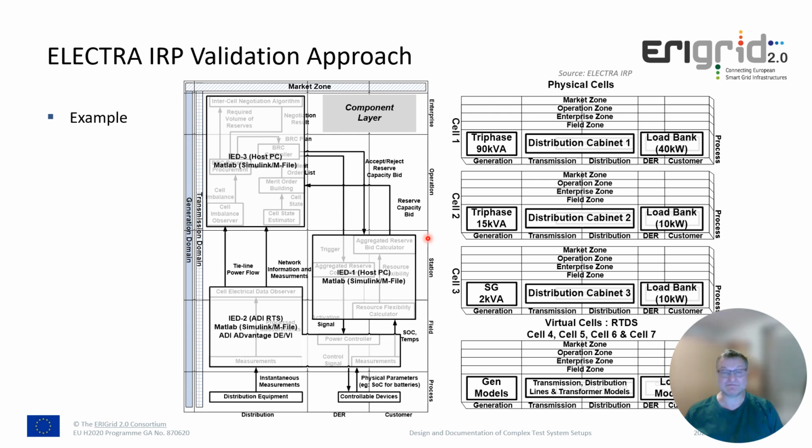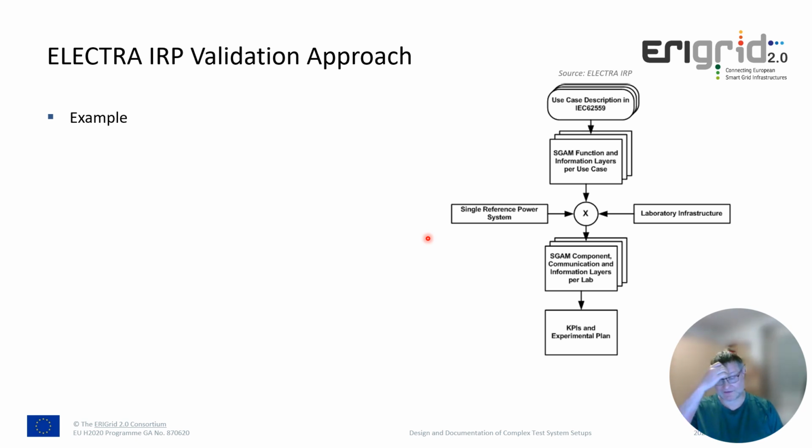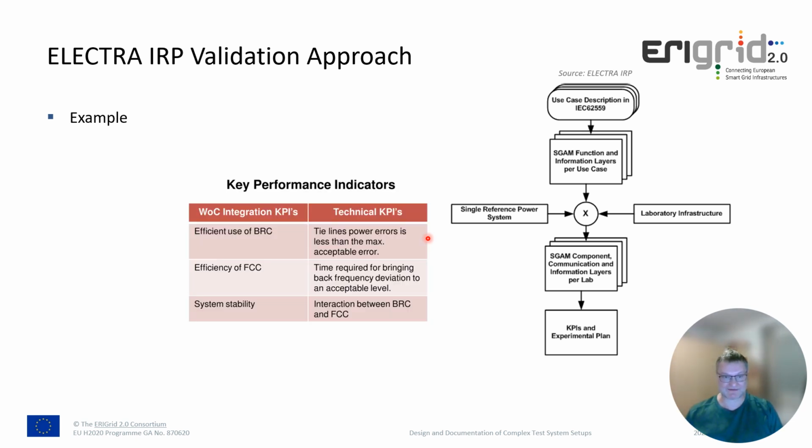And this is the description of the laboratory setup in the second stage. And then in the third stage, we have the experimentation plan and the KPIs that look at the different key performance indicators and how the experiments have to be carried out in this setting.